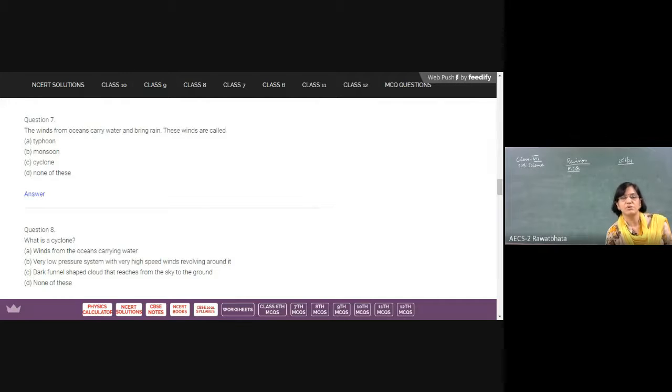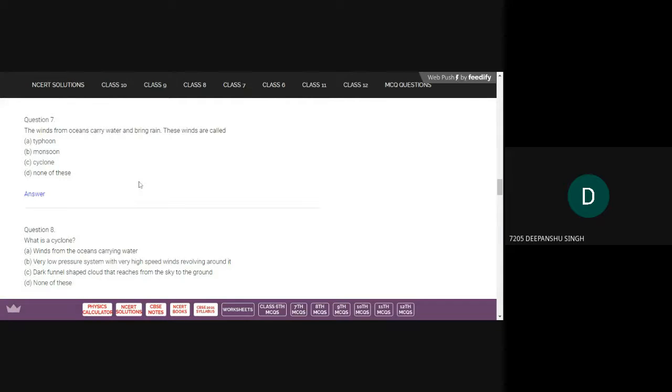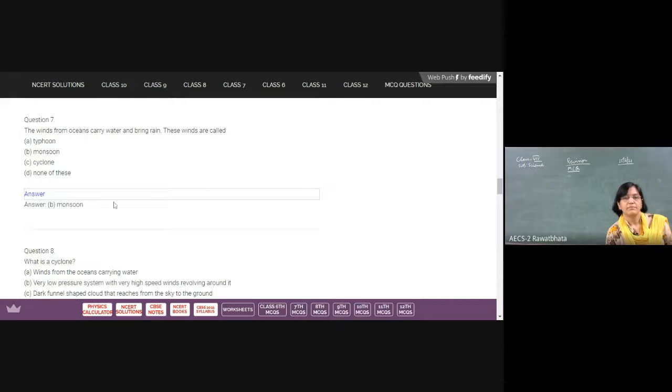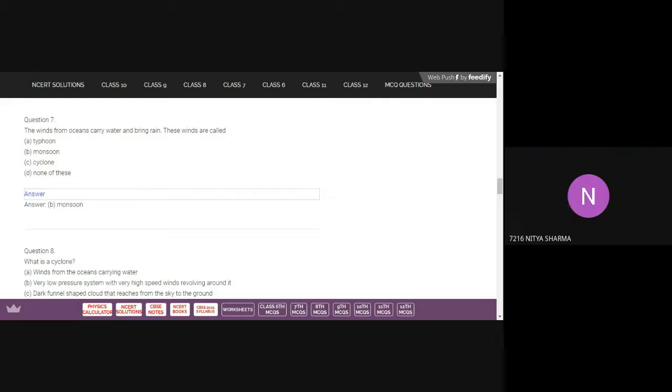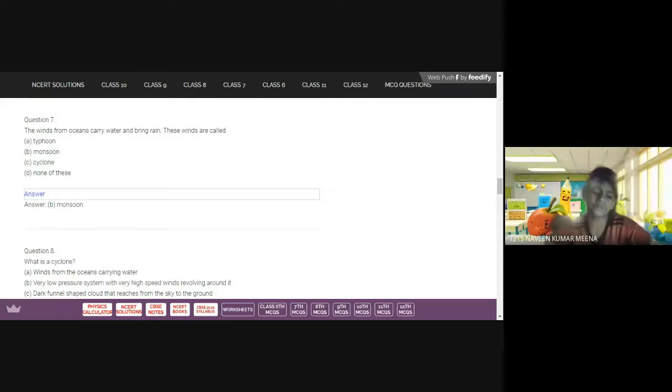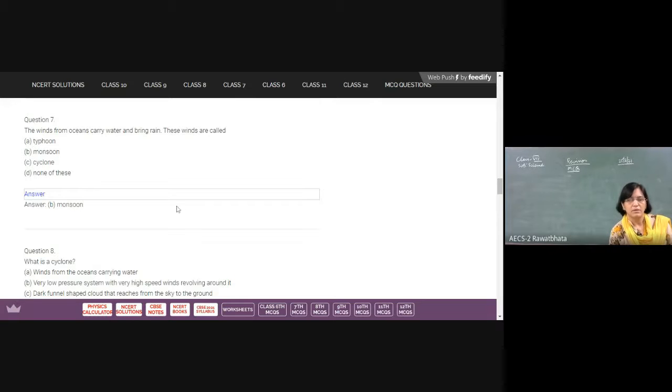In yesterday's notes also I have given you. Dipanshu: Ma'am, cyclone. Ma'am, sea cyclone. Winds from oceans carry water and bring rain. Ma'am, monsoon. Has to be monsoon. I gave you this concept yesterday, monsoon rains.